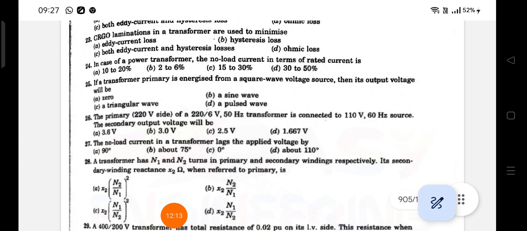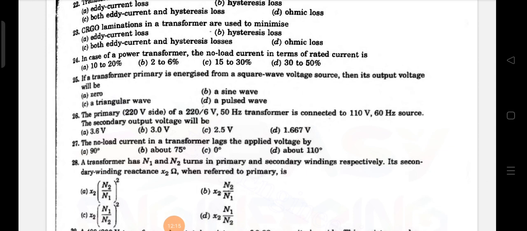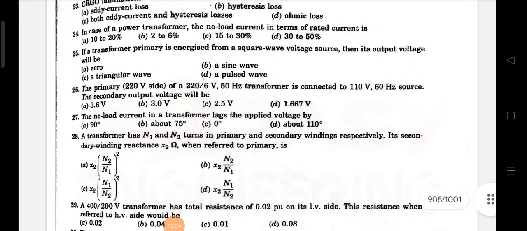That means from the given options, about 75 degrees, right? That is, the no load power factor angle will be about 75 degrees. Approximately that value varies between 70 degrees to 80 degrees. When the power factor angle increases, the power factor reduces. A transformer under no load condition has a very low power factor, approximately 0.2 lagging.